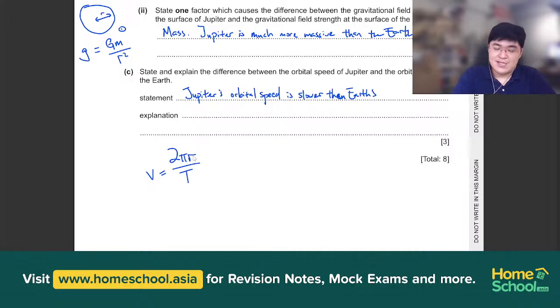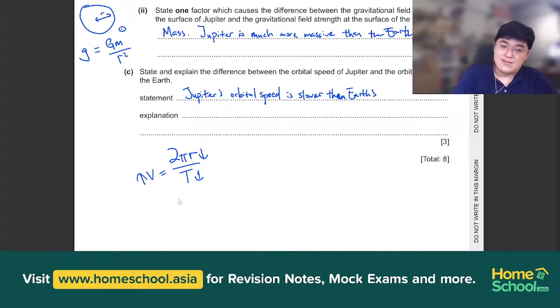So if your distance is greater away, 2 pi r over t. Of course, when r goes up, the time basically, let's say this is Earth, Earth is low, this is low, this one is also low, so velocity is up, it's faster.